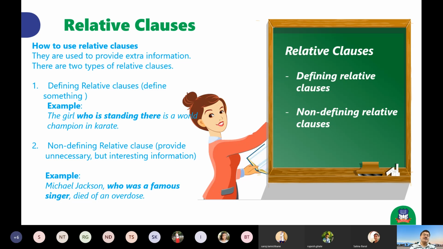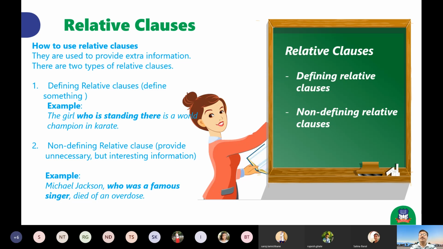So here Michael Jackson died of an overdose is the main clause. Who was a famous singer is the subordinate clause, or the relative clause. It starts with the relative pronoun who. Now compare: The girl who is standing there is a world champion in karate, and Michael Jackson, who was a famous singer, died of an overdose. Do you notice any difference in these two sentences?